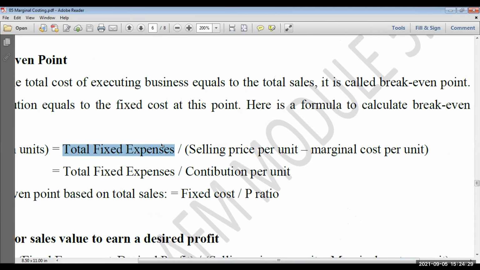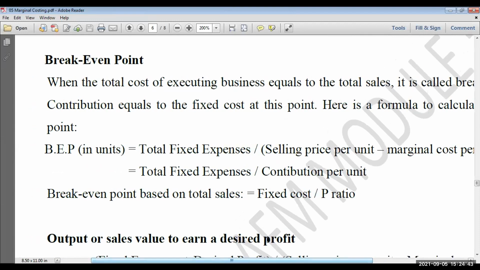How do you calculate contribution per unit? Contribution per unit is nothing but selling price per unit minus variable cost per unit. All right, so that's the formula to calculate break-even point.